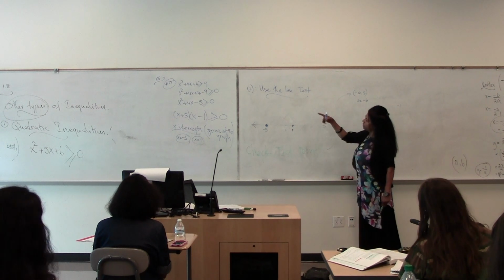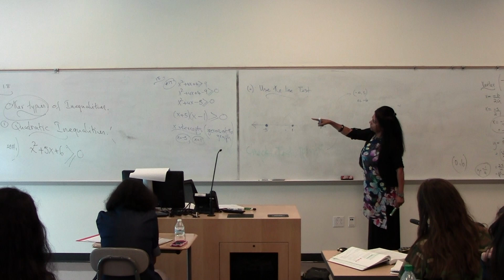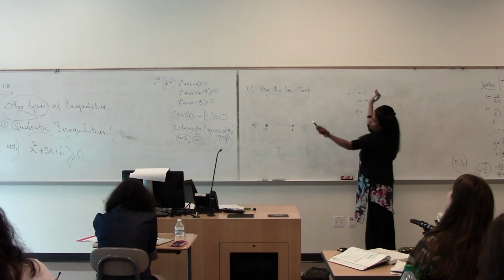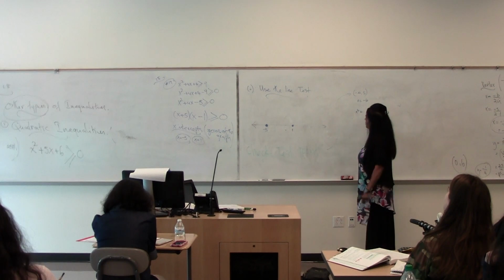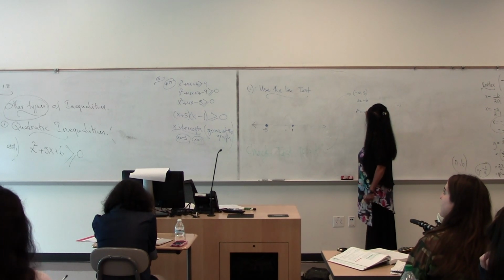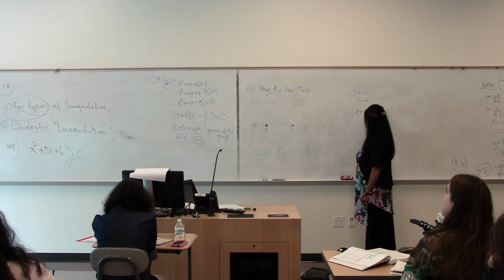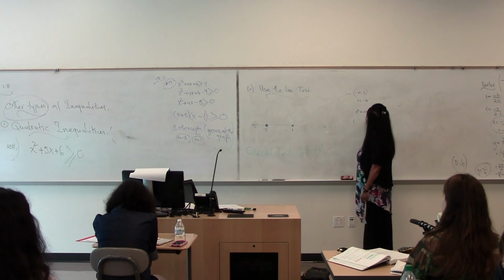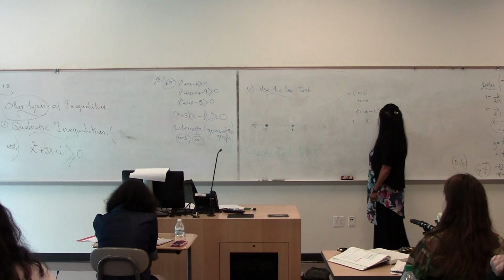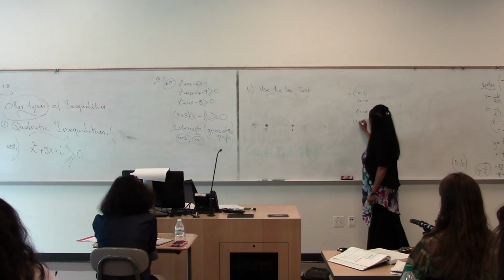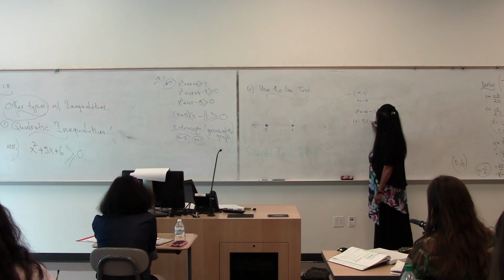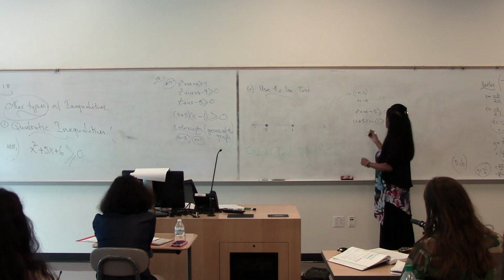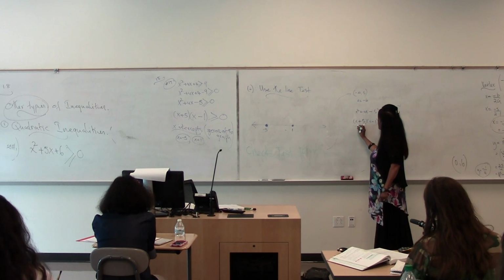Now you go back to the original, which is x squared plus 4x minus 5 greater than or equal to 0. Use the factored form, which is (x + 5)(x - 1). Now substitute x equal to -6 here.